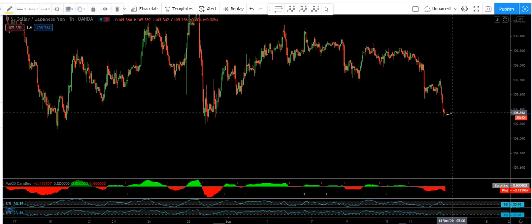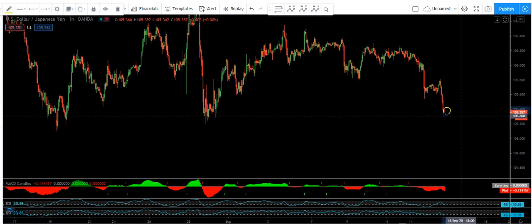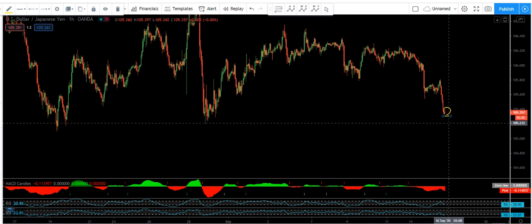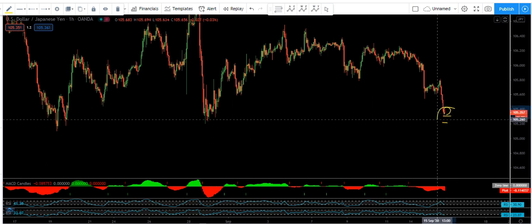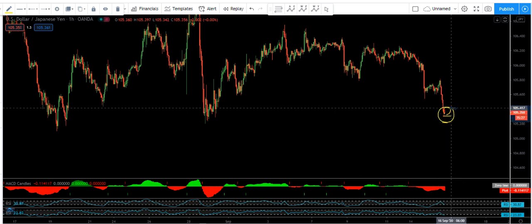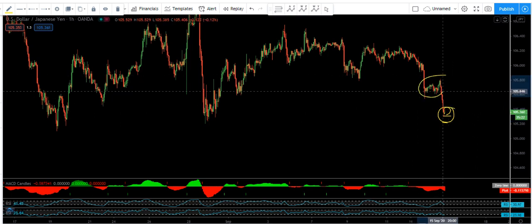Also, there is a possibility that if we get a small flag, maybe we can trade the small flag. If we trade, as long as the price reaches this level or we get into profit, we move our stop loss to break even. Again, if you want to get any sell setup here, it should be a small flag, or at least a correction similar to what we have here.